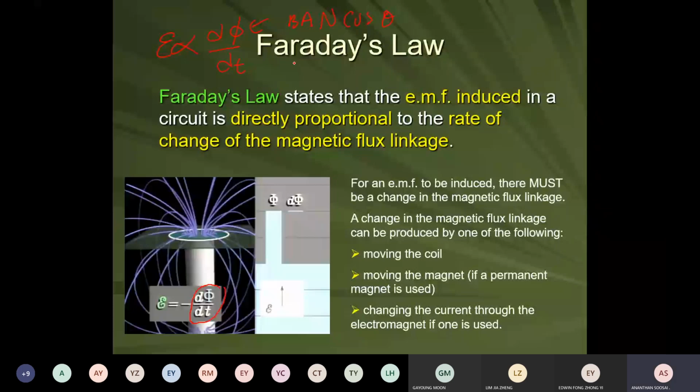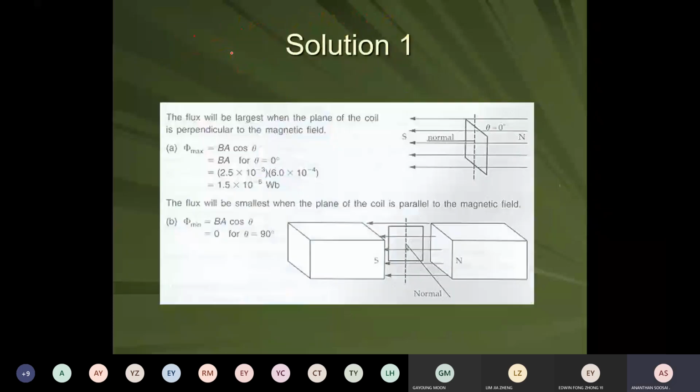You want to get big EMF, you must change the flux faster, greater rate. Just now, this coil, the flux was 1.5 times 10⁻⁶ and dropped to 0. That means there is a flux change.